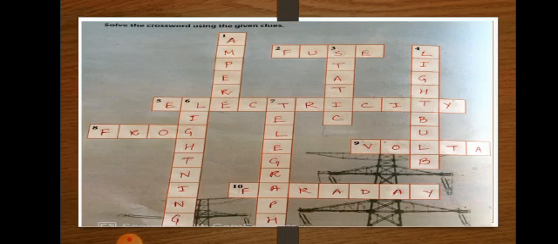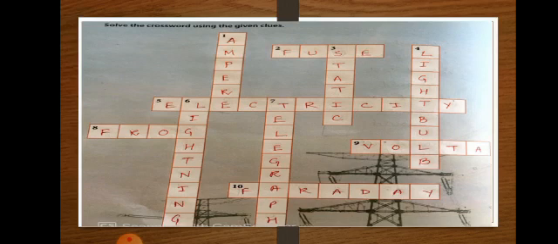That is static, S-T-A-T-I-C. Fourth, Thomas Edison is popular for it. Before him, Joseph Swan invented its first unstable version. That is the light bulb.